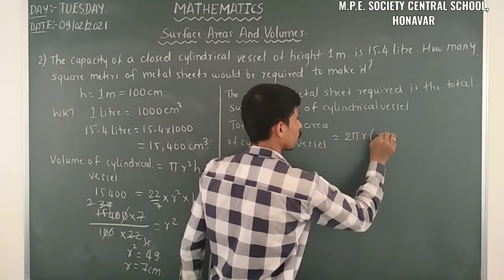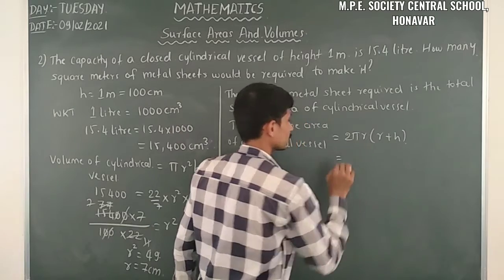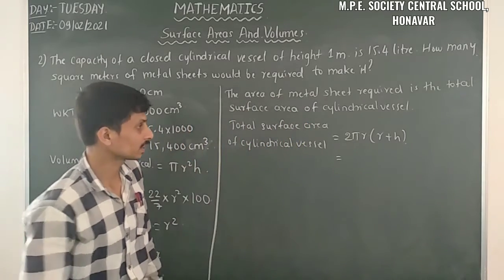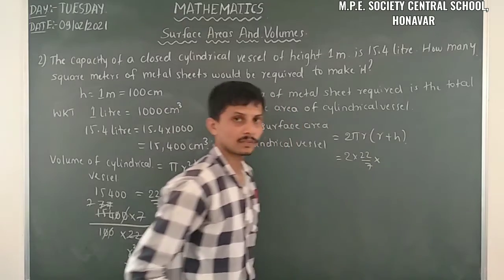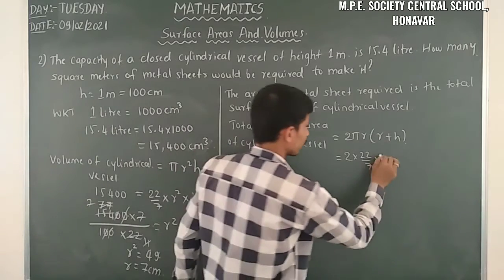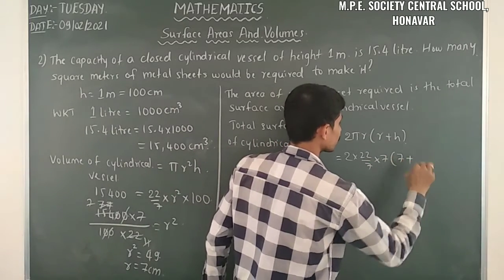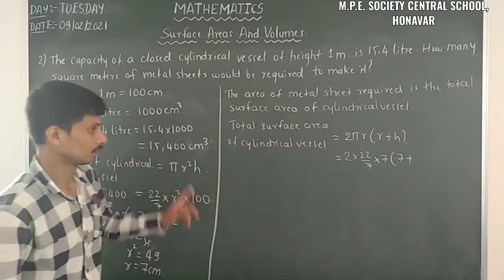2 pi r into r plus h is equal to, then we have to substitute the value, that is 2 into 22/7, and the value of r, it is, we have 7, and 7 plus the value of h is 100.